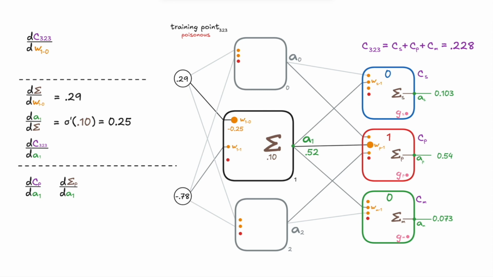So this value is the connected weight. Next, as the sum changes, the output activation changes, which changes the cost. This product we've already computed though. It's the gradient for the output node. Thanks to the chain rule, we just multiply these pieces together to find out how the cost of the poisonous node changes as the activation changes.